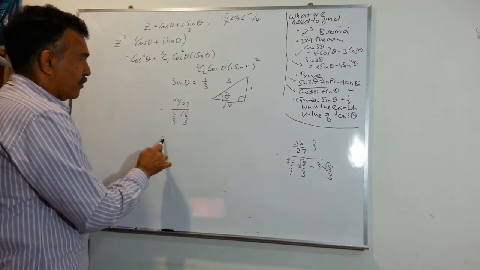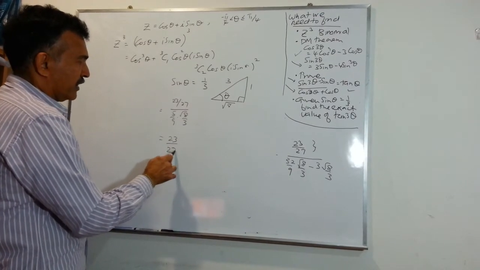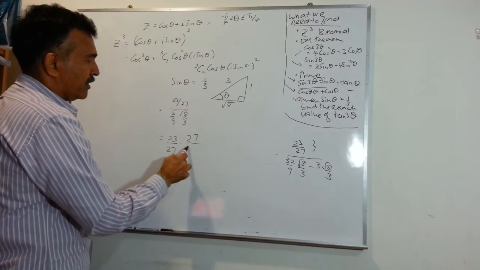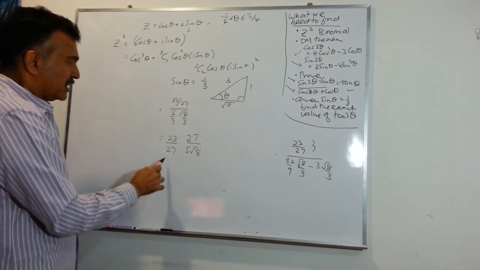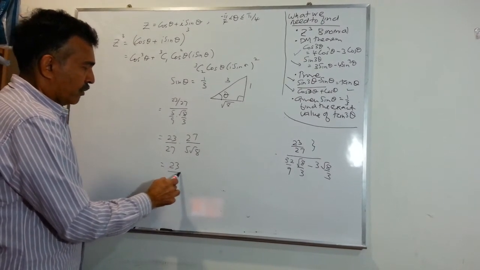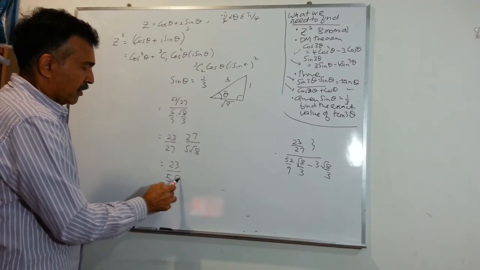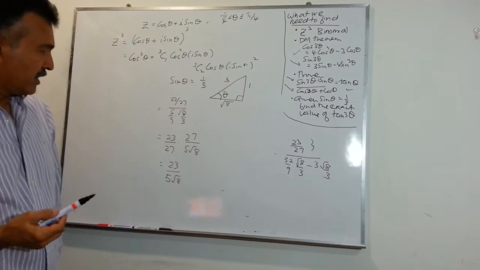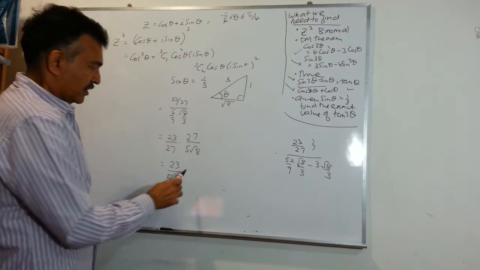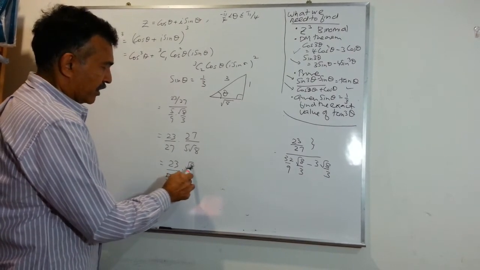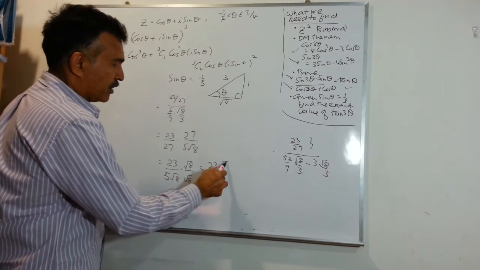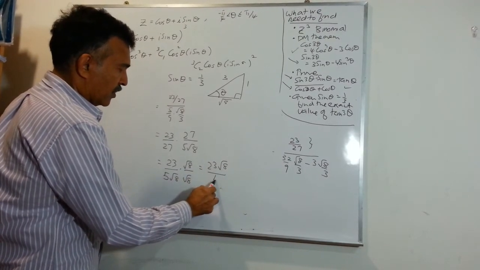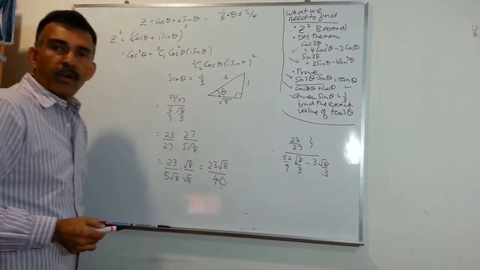Great. So now we have 23 over 27 times 27 over 5 square root of 8. Cancel the 27s. I have 23 over 5 square root of 8. Now we don't like the square root of 8 at the bottom, so let's multiply by square root of 8 over square root of 8. So I have 23 square root of 8 over 8 times 5 is 40.